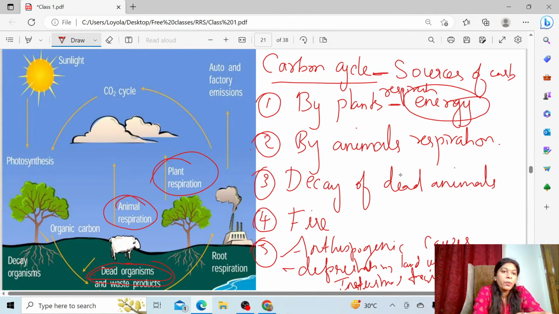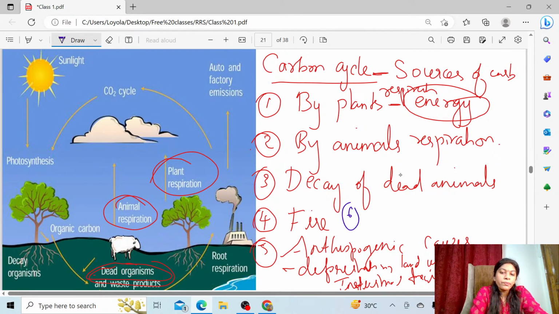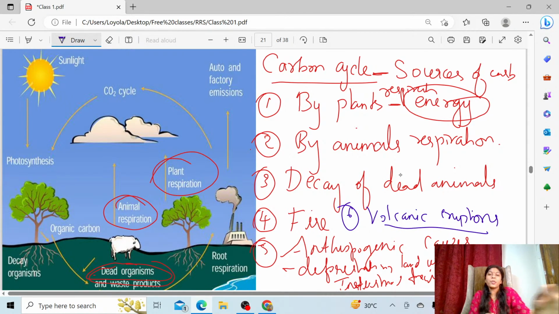Sixth one, along with this, I'll write in a different color for you. The volcanic eruptions are also a source. Some are not noted here, so I have added volcanic eruptions. All this gives out carbon dioxide into the atmosphere. What happens when the carbon dioxide enters the atmosphere?